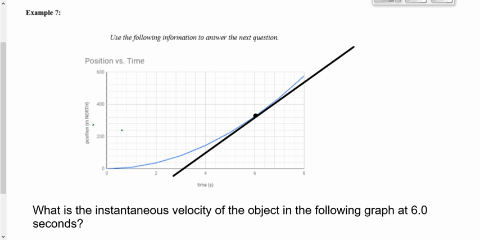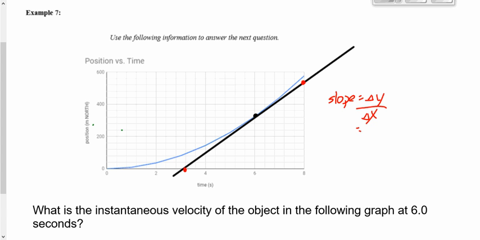Slope. Yeah, you use slope, or delta d over delta t. Pick 2 points. Let's pick a point right here, and a point right here. The slope of this is, well, I say delta y over delta x, which is really just displacement over time: final position minus initial position, over final time minus initial time.